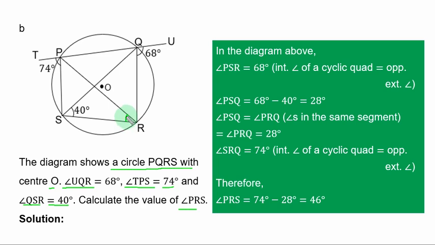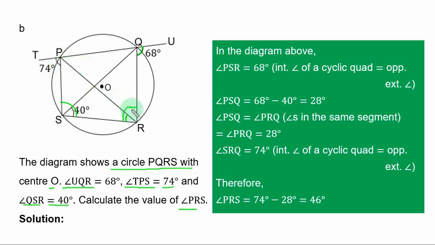So from the information, it is declared that this angle here, 68 degrees, is equal to the whole of this angle. That is, the interior angle of a cyclic quadrilateral is equal to the opposite exterior angle. The same thing, the whole of this angle is equal to what you have here.